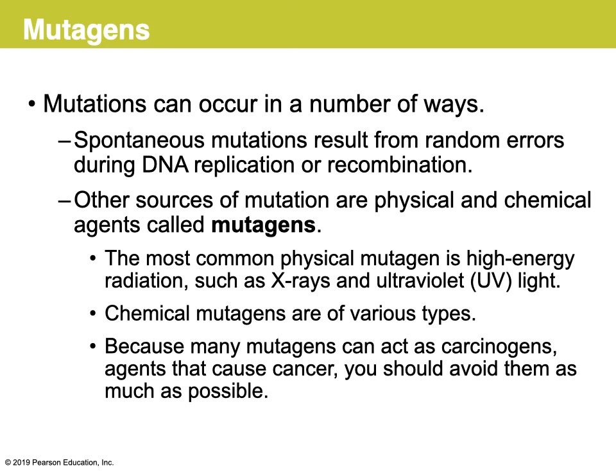These are things that can damage genetic material. The chemical mutagens come in all sorts of types. But because many mutagens, things that change the DNA sequence, can act as carcinogens, things that can generate cancer, you should avoid them as much as possible.